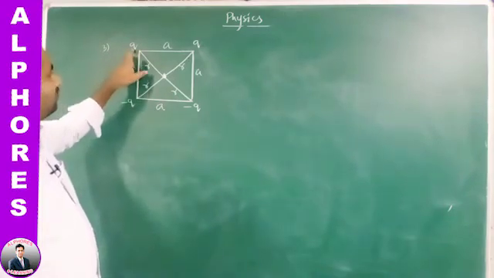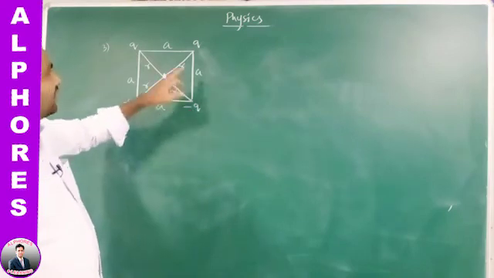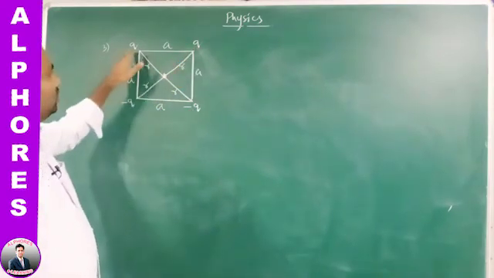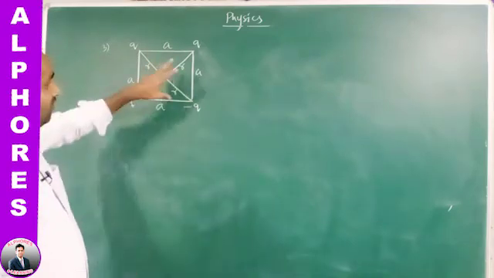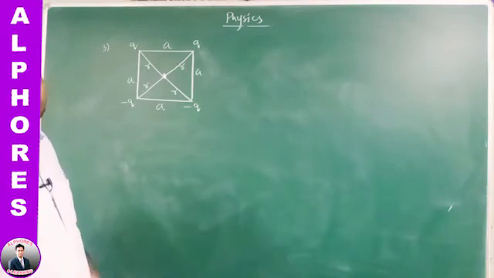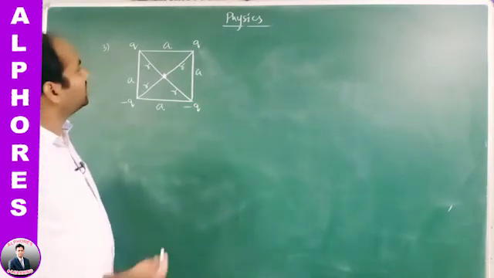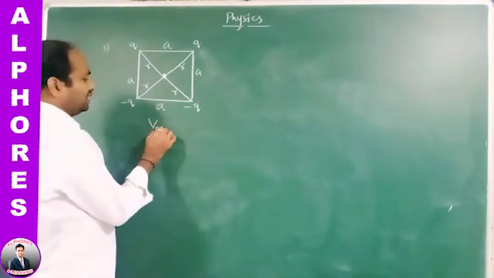Now this is a positive charge and this is a negative charge, they cancel. Again this is a positive charge, this is a negative charge. 2 positive charges, 2 negative charges are there. The net charge of the system is 0. When the net charge of the system is 0, the potential is also 0. Here the potential at the center is 0.